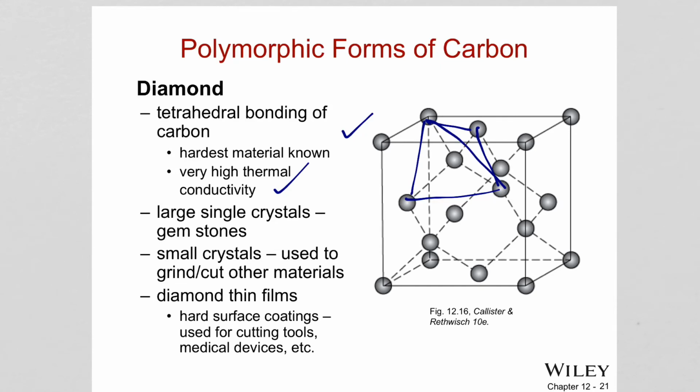If it's made of single crystals, these are the diamond gemstones. And if it is polycrystalline, there are small crystals. Diamond is very hard. That's why it is used for cutting and grinding purposes to grind other materials. There can also be diamond thin films, which are used as hard surface coatings, used for cutting tools and medical devices.